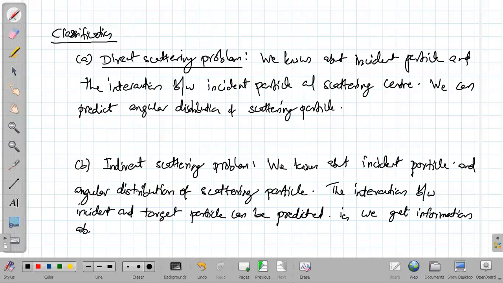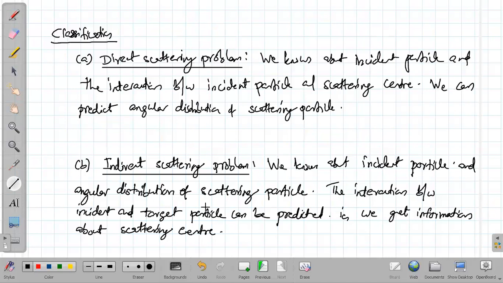This is what we want in most cases. We know about the incident particle, and from the detector we can study the angular distribution of the scattered particles. From the study of the angular distribution, we get the information about what type of particle is there as the scattering center.